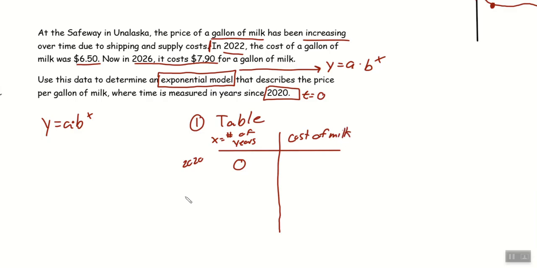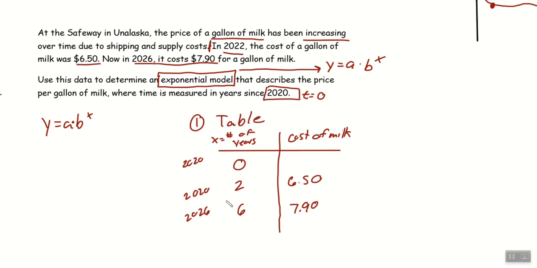Okay, but we do know it for 2022, which is 2 years later. It was $6.50. And then in 2026, it was $7.90. If I went from 2020 to 2026, how many years did I go? 6. Yes.